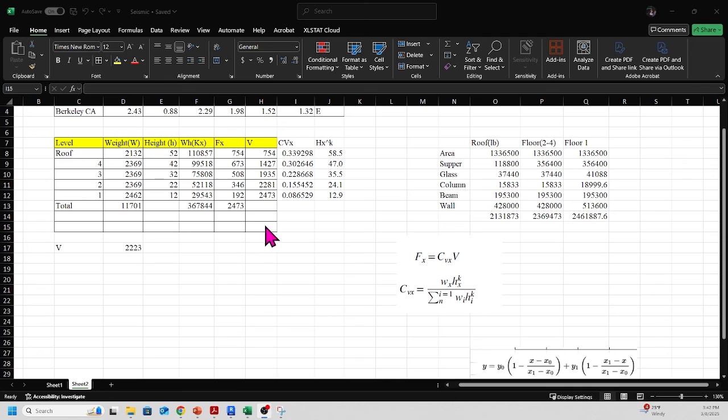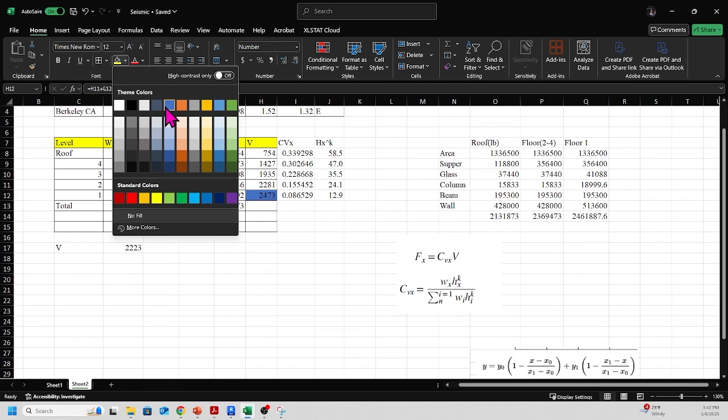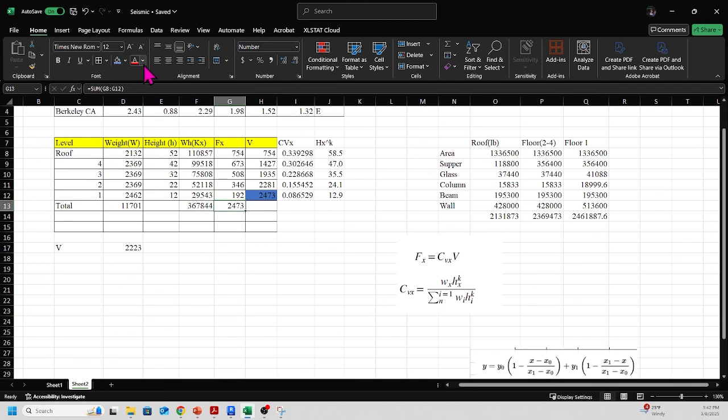Okay, so this number and this number, they match. Let me just color them. And that's what we like to see. However, they should match this number here also. But the reason it didn't is because of the way Excel sometimes works, with how it rounds up. And also we used one linear interpolation and it came out 1.03, which is correct, but it should come out the same.